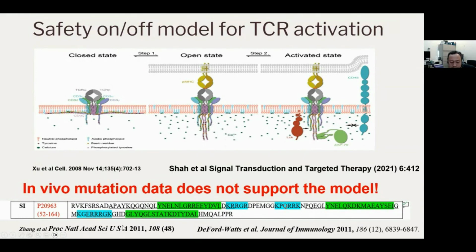Unfortunately, the experimental data does not support that. Multiple groups reported that it does not work. So that basically means this model at least does not fully work. So we need a good understanding of what's really going on. And another thing, this model does not explain why this binding here can trigger breaking the salt bridge and leaving this part to go into the solvent. So there's no explanation for that.